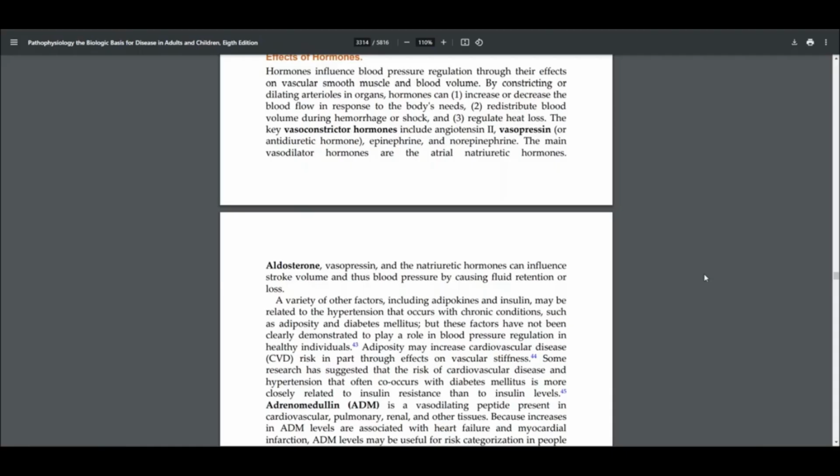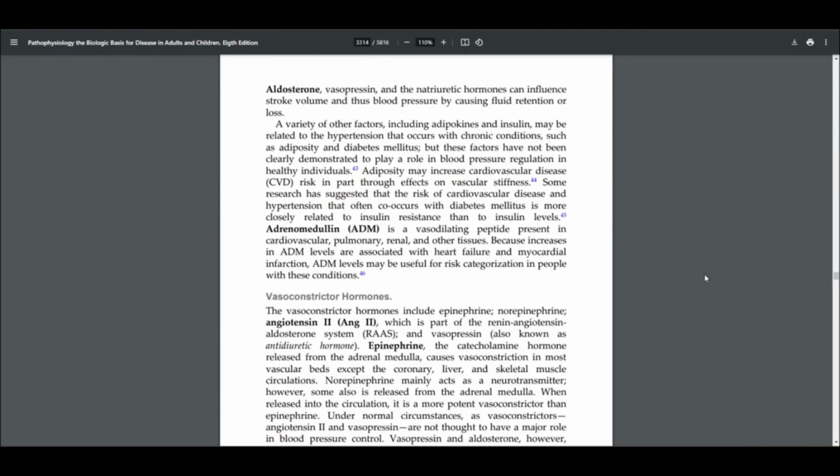The key vasoconstrictor hormones include angiotensin II, vasopressin, an antidiuretic hormone, epinephrine, and norepinephrine. The main vasodilator hormones are the atrial natriuretic hormones.